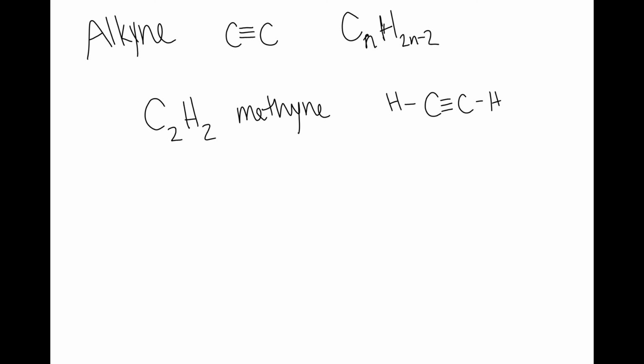The second member of this family would be C3H4, because 2n would be 6 minus 2 is 4. This is called propine. So the only thing that's changing is this suffix right here, Y-N-E. And again, we connect our carbons. You choose one to be triple bonded.